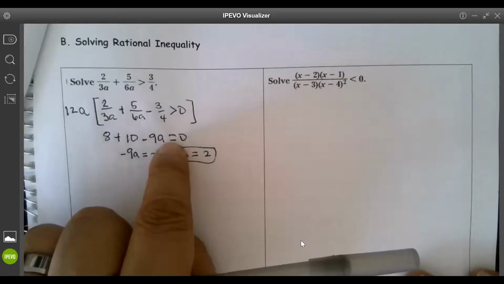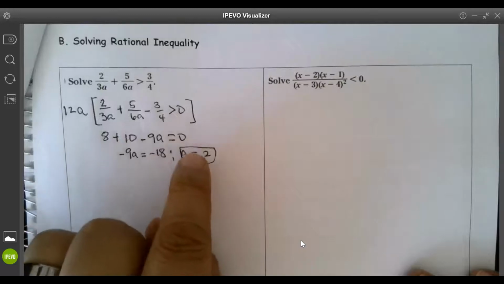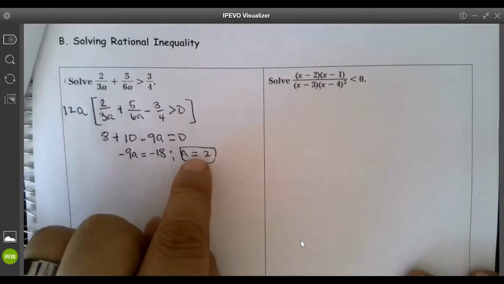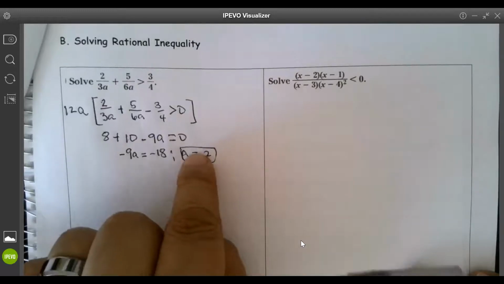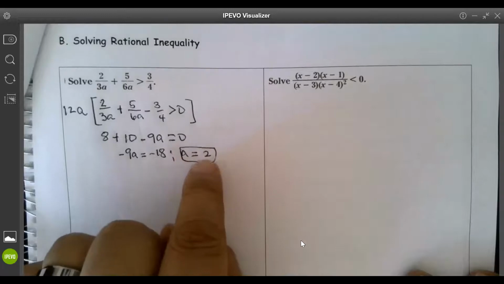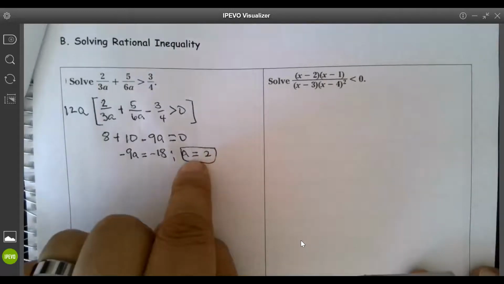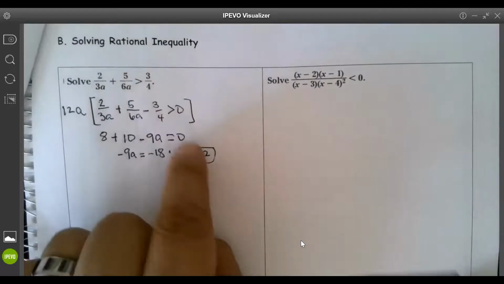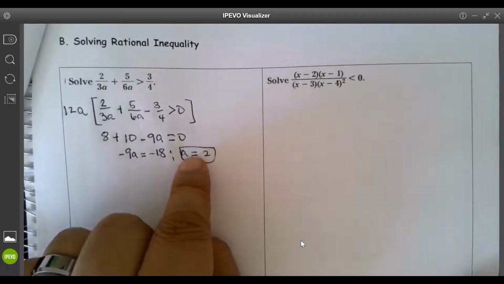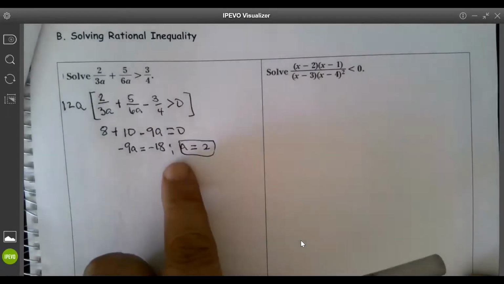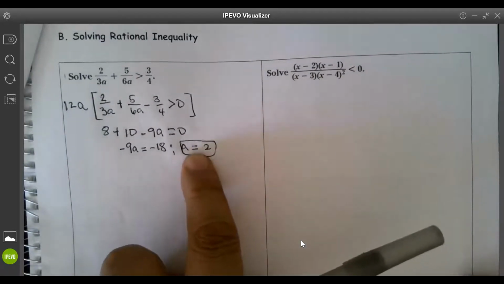That's your first step. And then to determine the solutions, we're going to test values to the right and to the left of A. You will see afterwards why I changed that greater than to equal for the meantime. So now A is equal to 2.